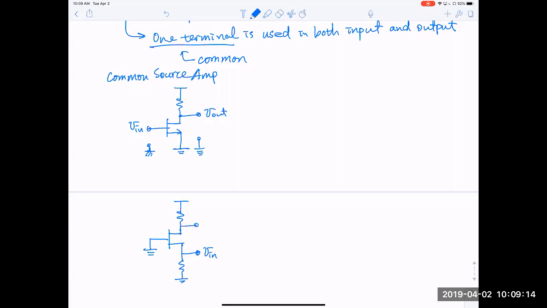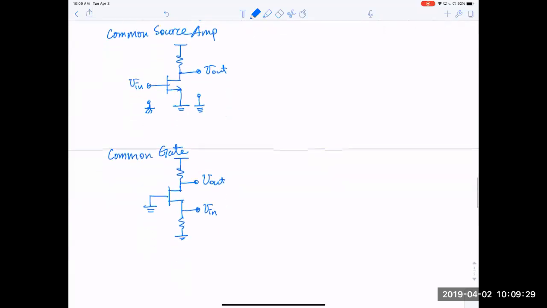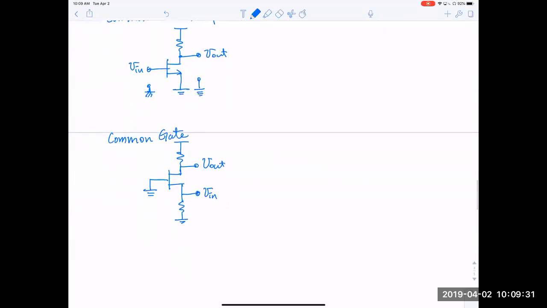Take your output here. Again, both input and output refer to ground. So the gate is common. This is called a common gate amplifier.